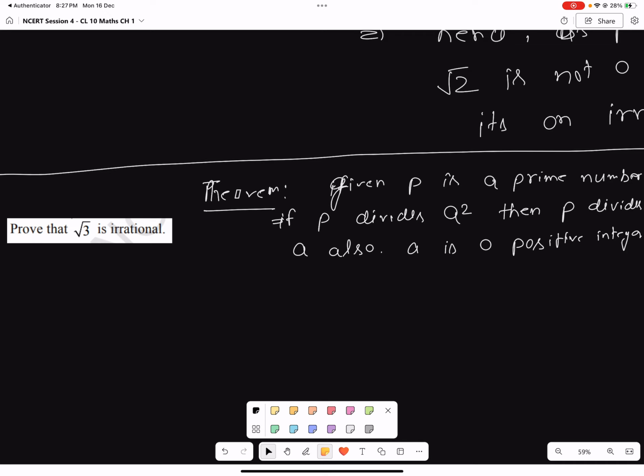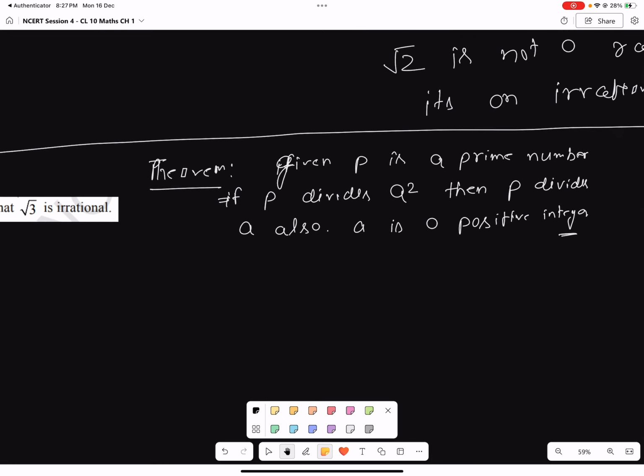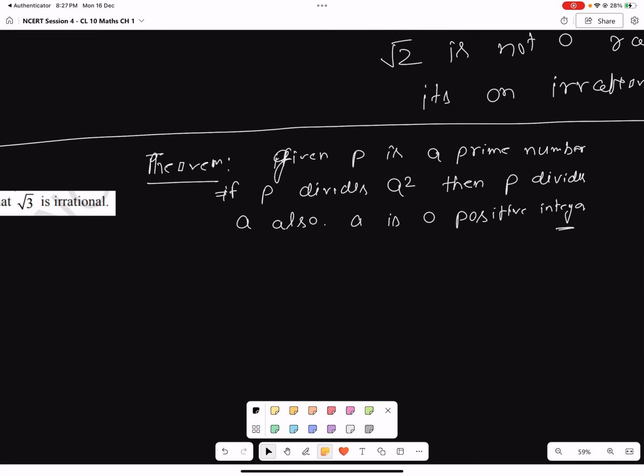So when you start writing your answer, you have to write this theorem. If you do not write this theorem and just say as per a theorem, we can say this, the examiner is not going to give you full marks, because you have to first write the theorem.